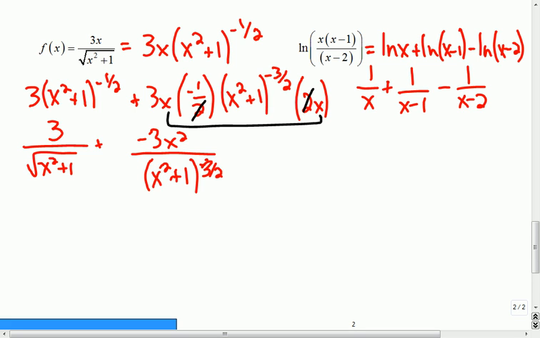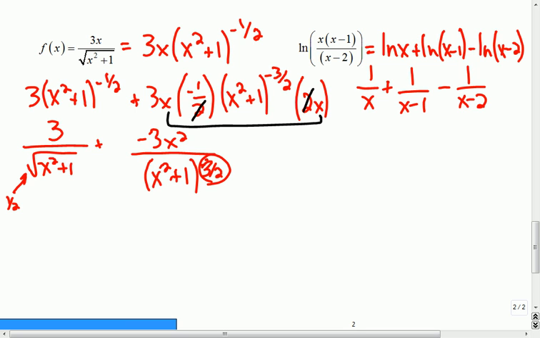So in order to have everybody catch up, this piece here, this is like the exponent 1/2, and this one has 3/2. So to make a common denominator, I would need to multiply in an x squared plus 1.